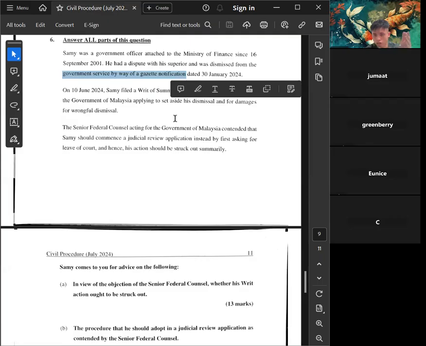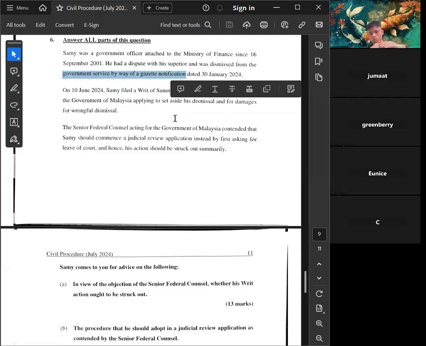On the other hand, judicial review, as provided in the case of Ahmad Jeffrey: any person who is adversely affected by a decision made by a public authority exercising his public duty can bring an action by way of judicial review.